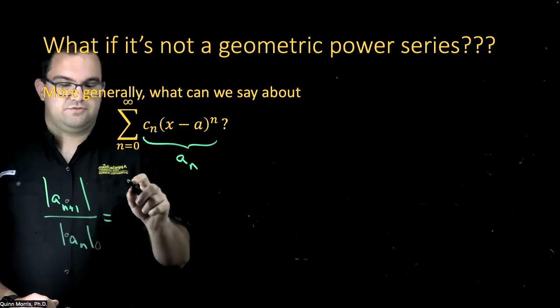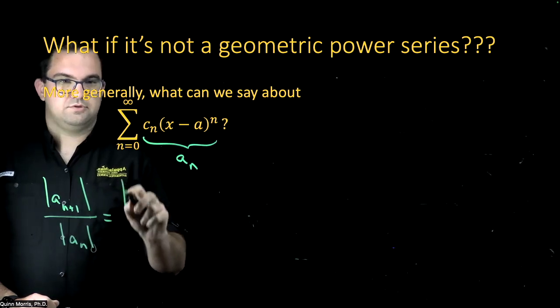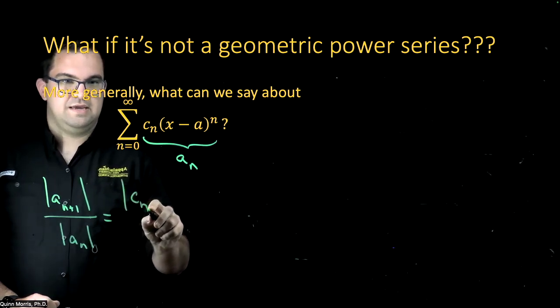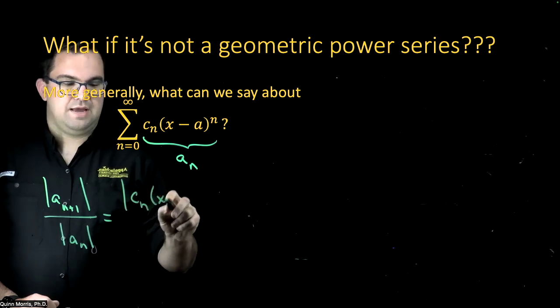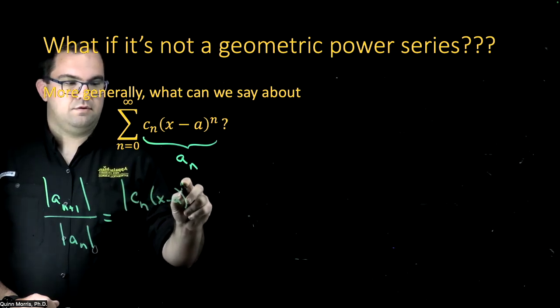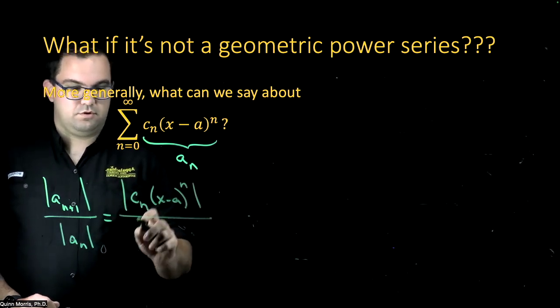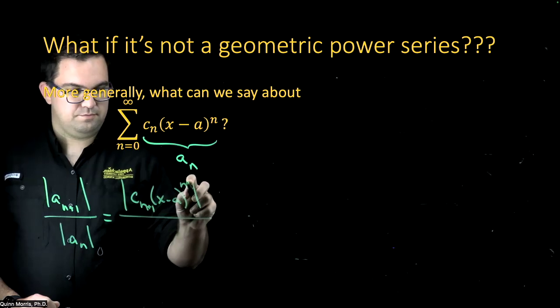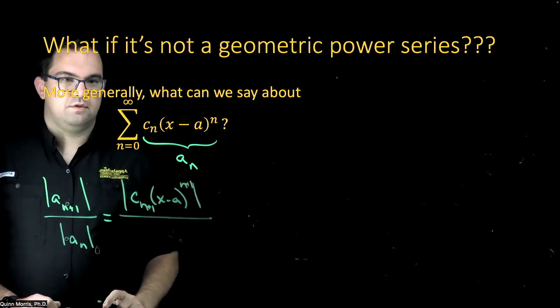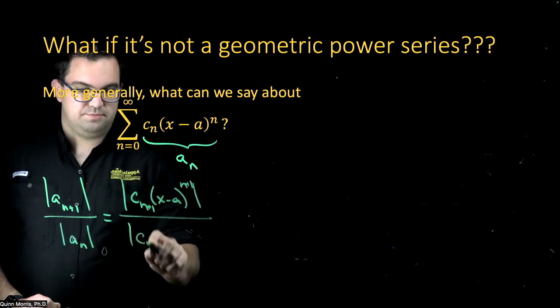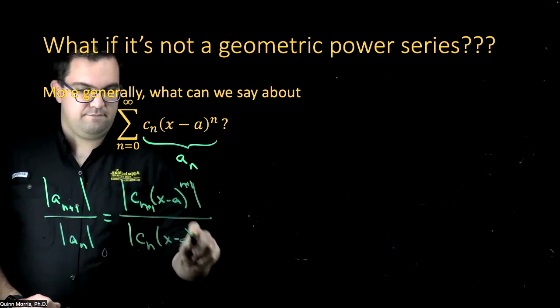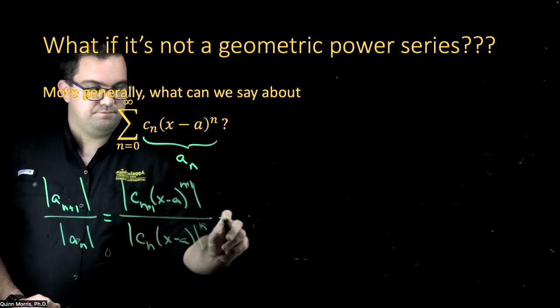All right, well, the n + 1st term in absolute value will be Cn+1 times (x - a)^(n+1), divided by the nth term, which will just be Cn times (x - a)^n.